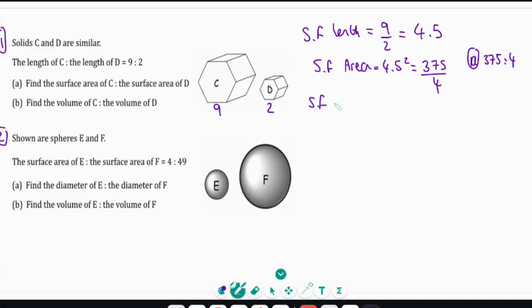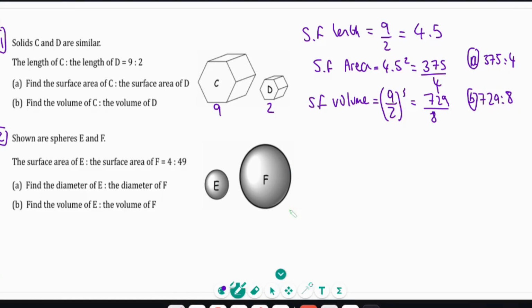And then scale factor for volume, I'm going to leave it as my fraction and cube it. So I'd have 2 cubed on the bottom, which is 8, and 9 cubed, which is 729. Let me just see if I can simplify that fraction now. So it would be 729 to 8.